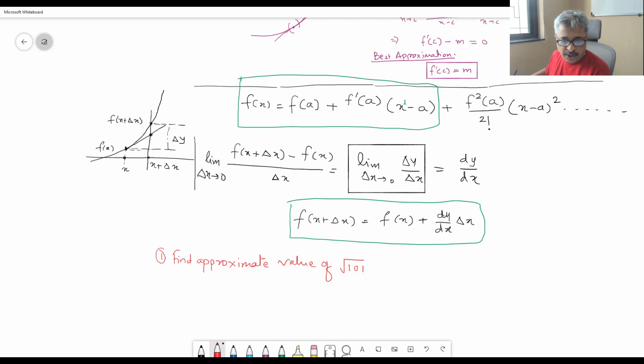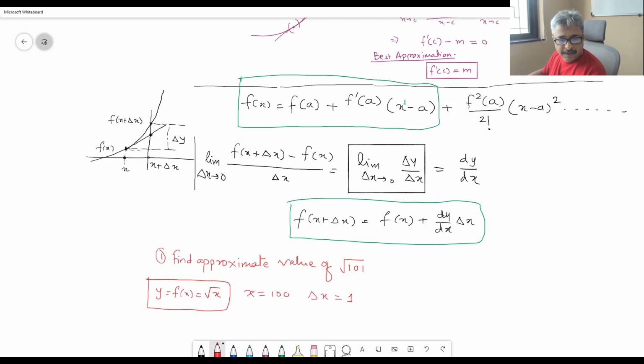So x is equal to 100. I will assume my function y is equal to f of x is equal to root x. I will assume this as my function looking at this problem, and I will consider x as 100, and delta x is equal to 1.